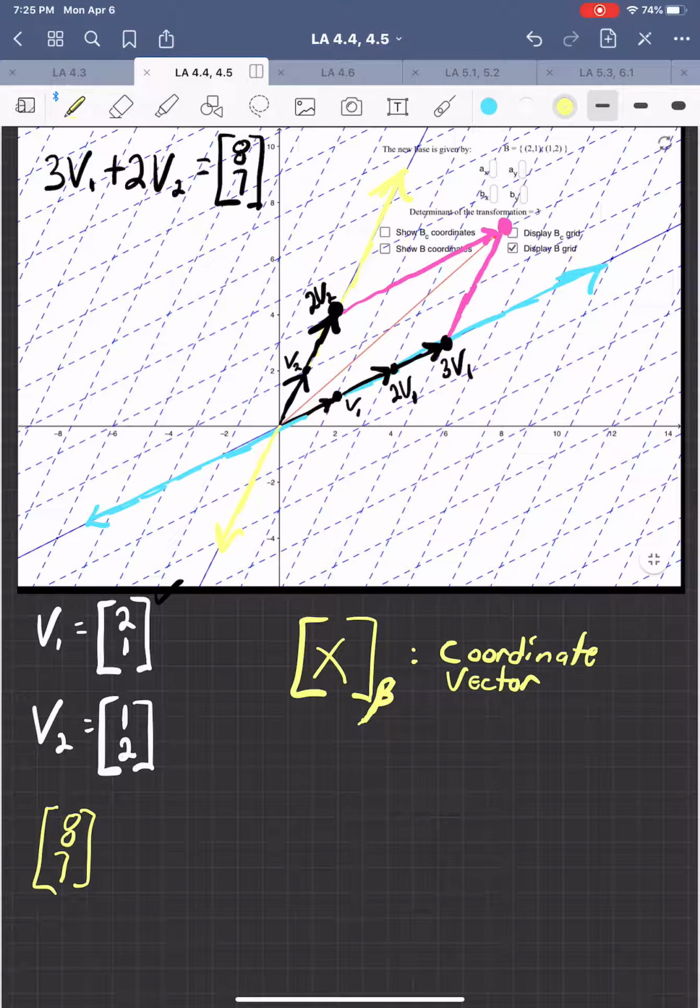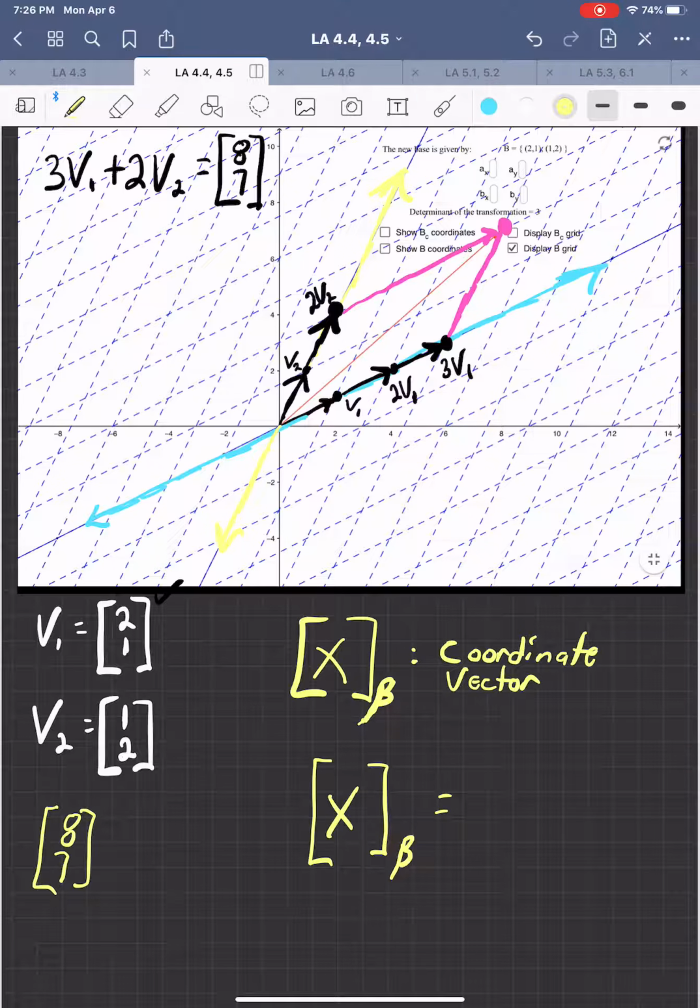But because this was a new coordinate system with a different basis, that's why all these lines look slanted, they look skewed. Because of this, let's go ahead and write what the point would be in our basis.